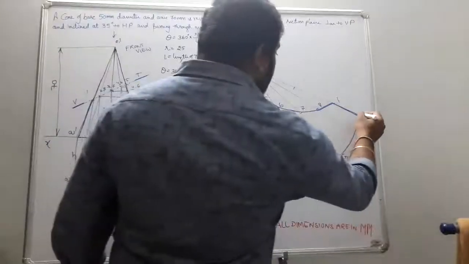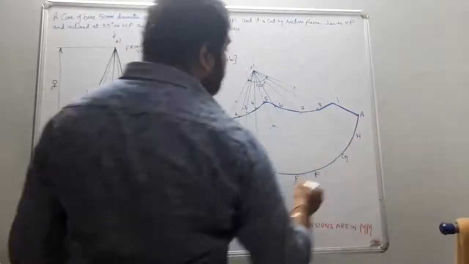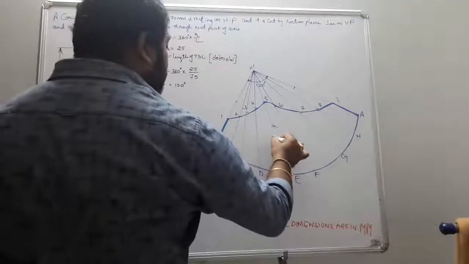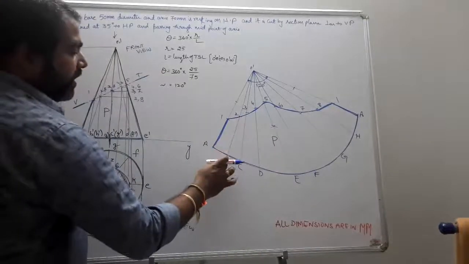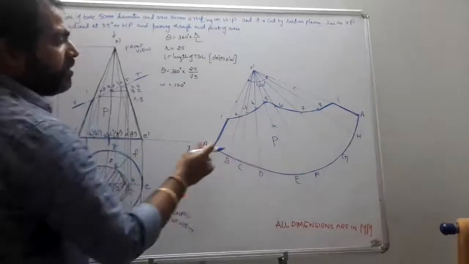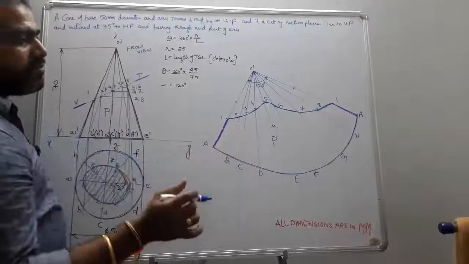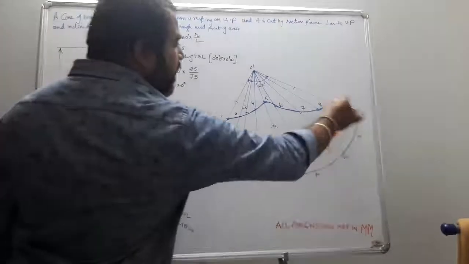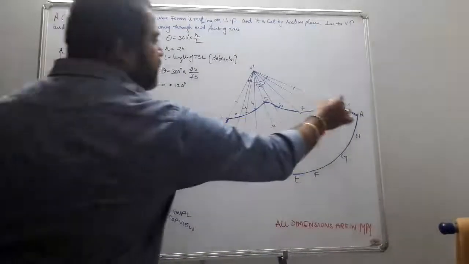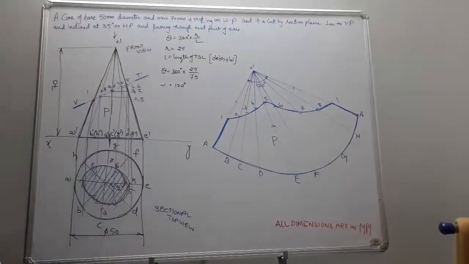This was your part P. So these edges are not to be highlighted. Students, 2B, 3C are only generators. For a cone, we highlight only the end generators, that is 1A, and here also 1A. So that is to be highlighted. Students, is it clear?